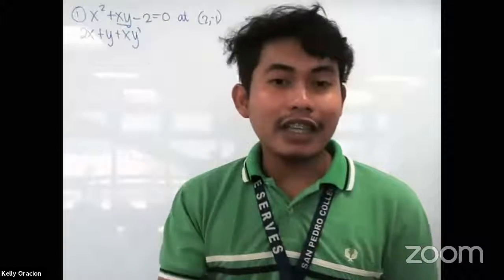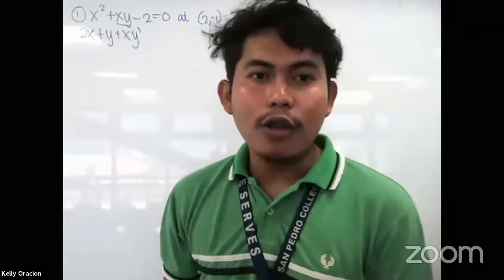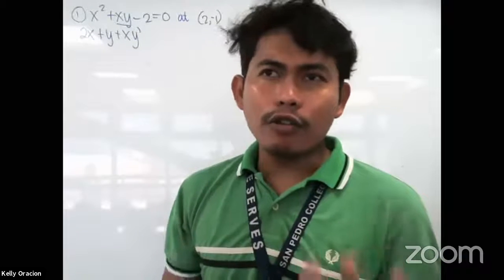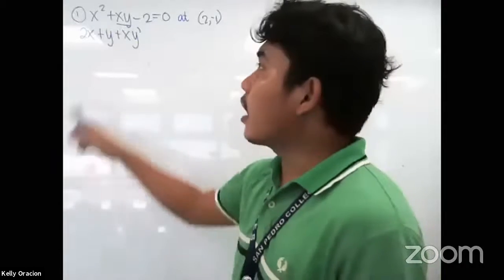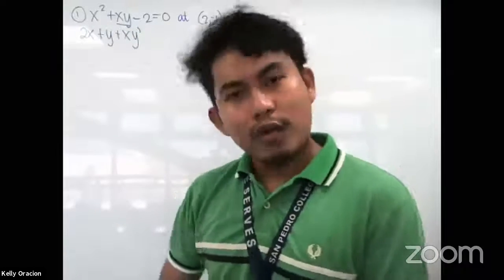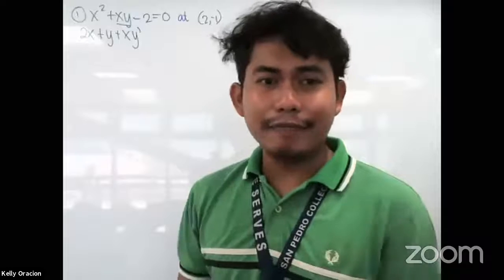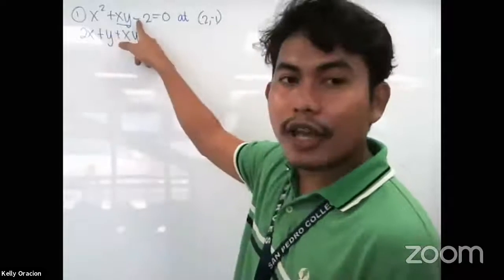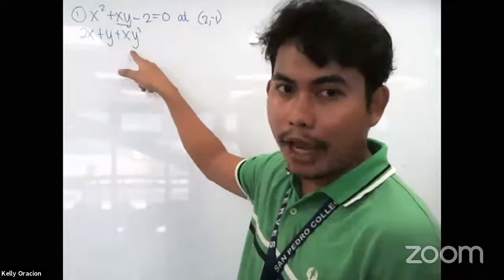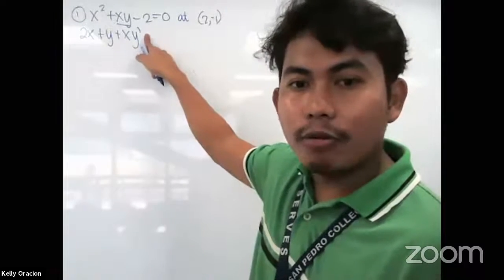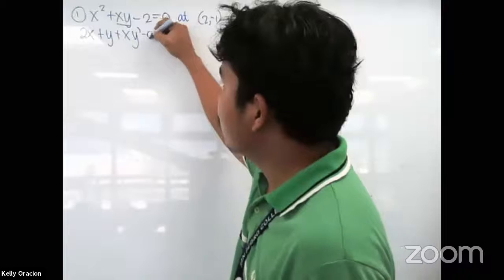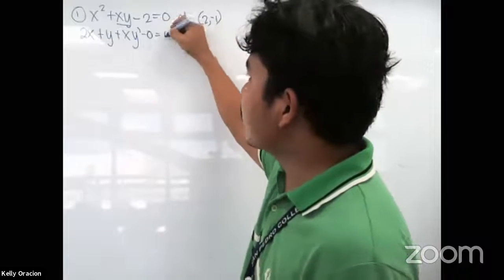Makikita mo yan sa PDF, yung shortcut diretso. So, I made that one para shortcut. And what is the derivative of 2? The derivative of 2 is 0. And the derivative of 0 is 0.